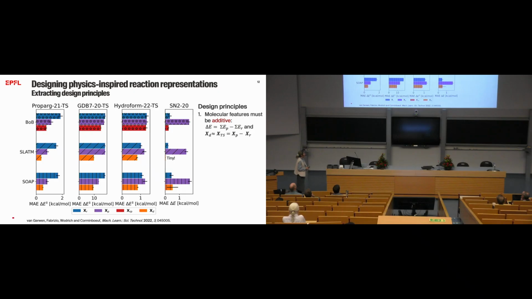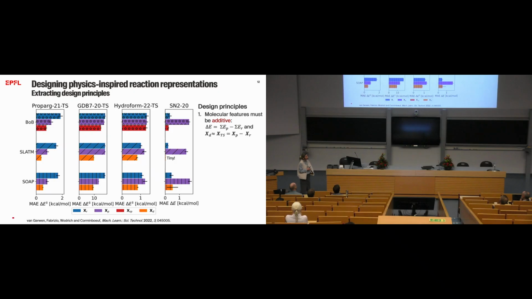And the first thing we realized, something I told you earlier, is that if we have a representation that is additive, it's very important, because taking the difference between reactant and product makes real sense. So here, SLATM is additive. SOAP, another variant that is based on density, is additive.